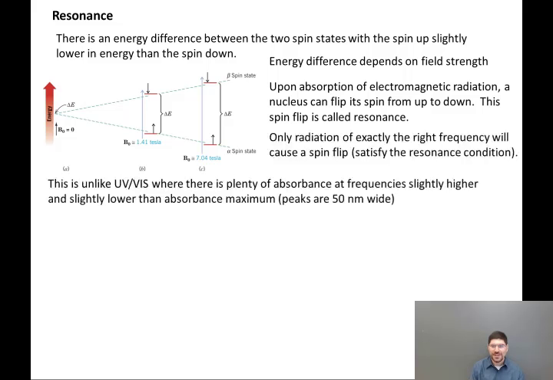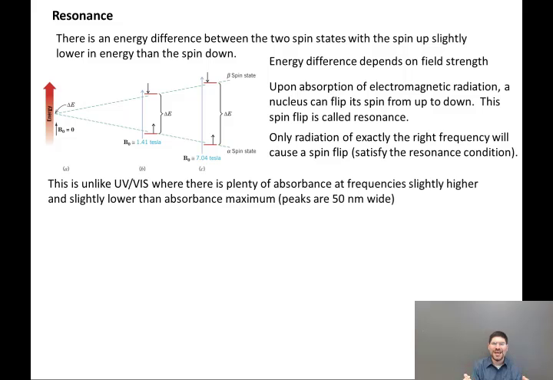Now, only radiation of exactly the right frequency will cause a spin flip, which we also refer to as satisfying the resonance condition. So this is unlike a UV vis spectrum, which you may be familiar with from a previous course, where there is plenty of absorbance at frequencies slightly higher and slightly lower than the absorbance maximum.